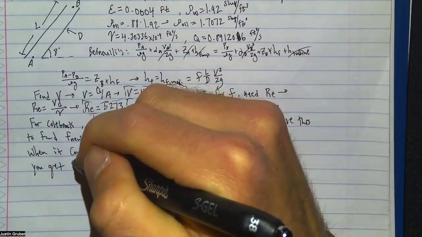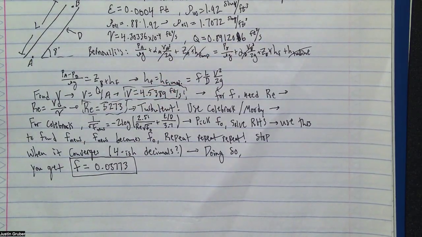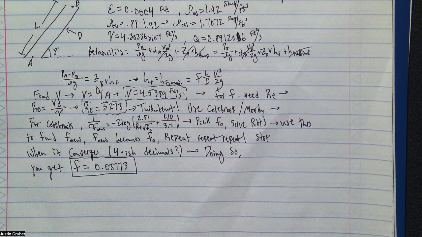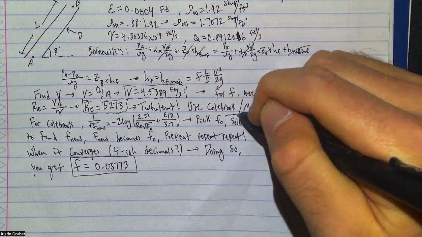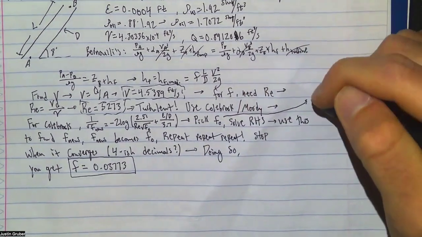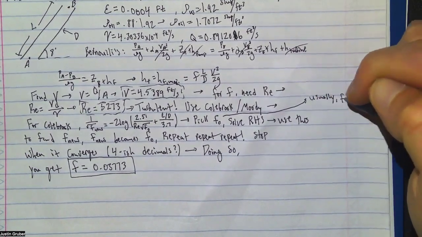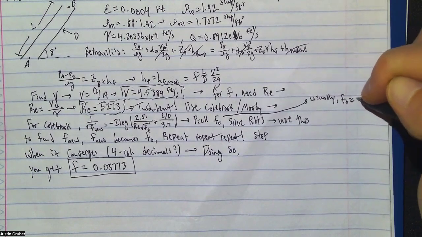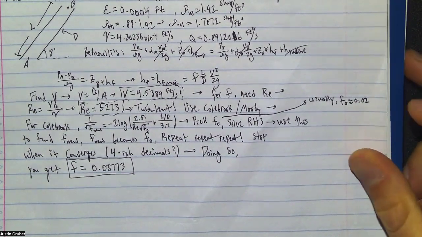Oh, and I always forget to say, a really good guess for F0 is usually 0.02. Okay, pick F0, and I'll say usually F0 is about 0.02. All right, can you guys see that?